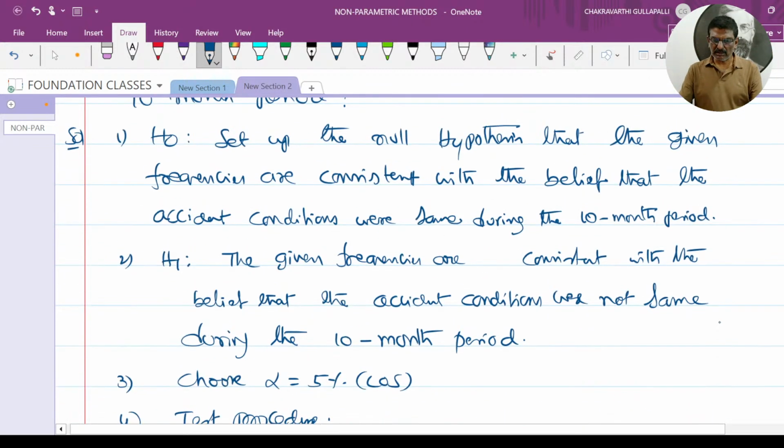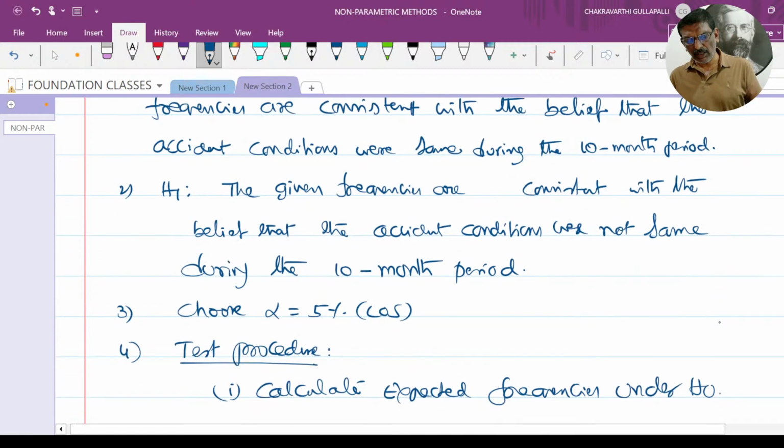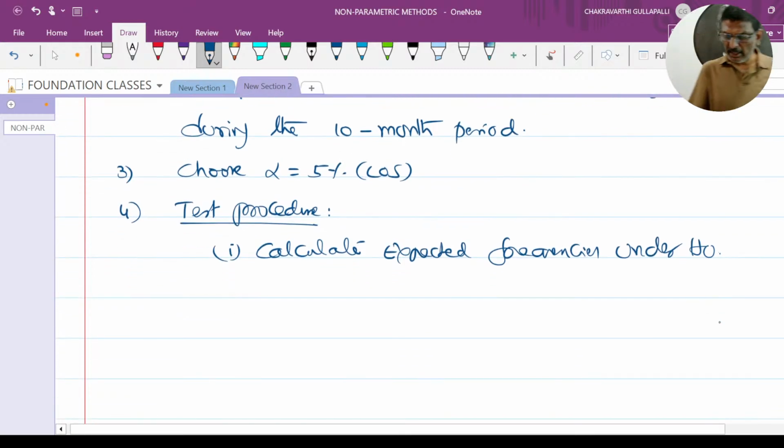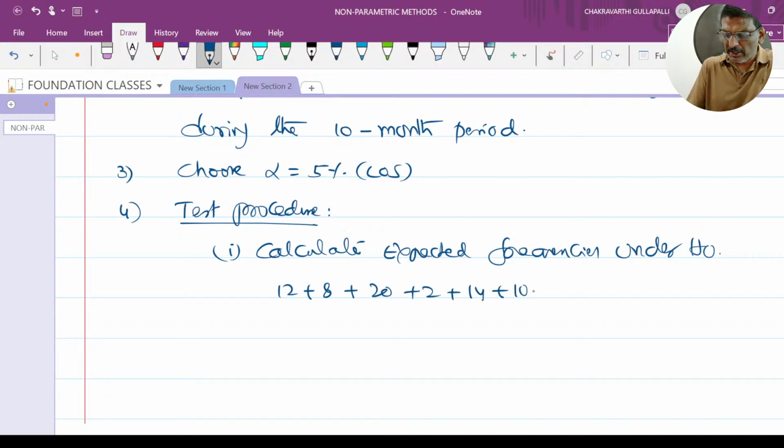All conditions are based on the H0: in the 10 months duration, all conditions are the same, but the alternative is not the same. Based on this H0, you have to calculate the expected frequencies for each and every month. We add up all these numbers and find the average number of accidents for each month. The total for this 10 months is 100.